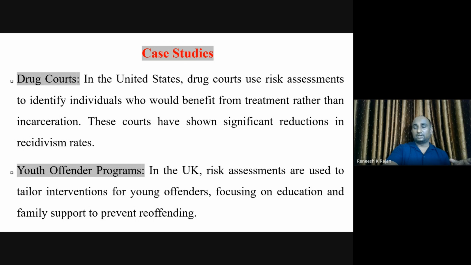Another person with pro-criminal attitudes gets psychological interventions like cognitive behavioral therapy. If a person has family issues, there may be counseling. Based on their need, we give intervention programs, not general programs for all. So there are higher chances of reformation, rehabilitation, and reintegration.